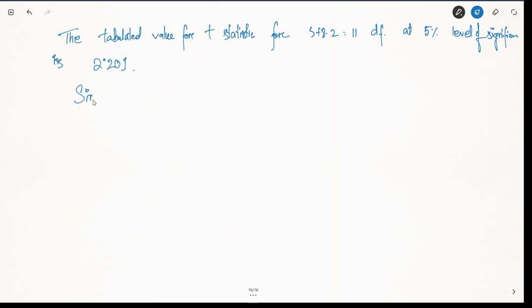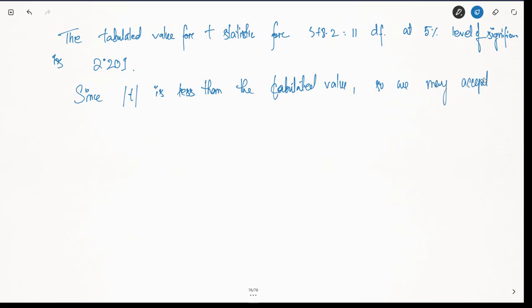So since the modulus of t is less than the tabulated value, we may accept our null hypothesis.